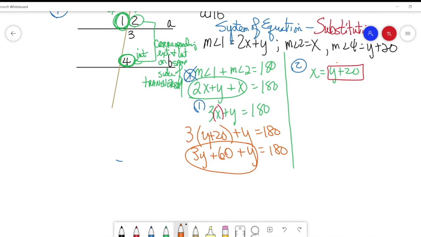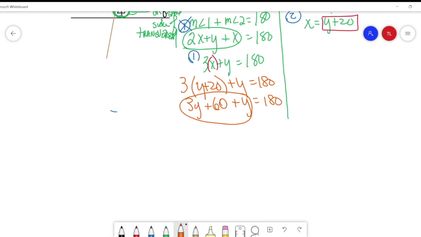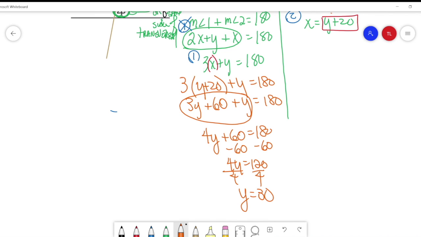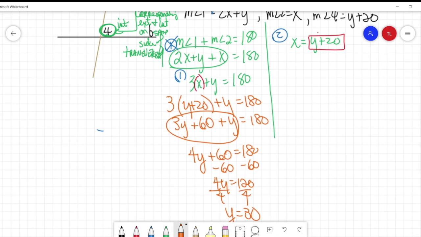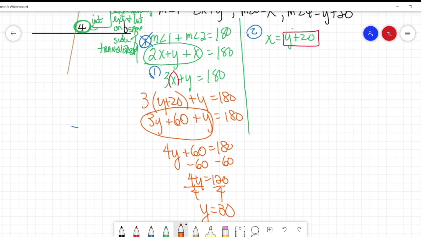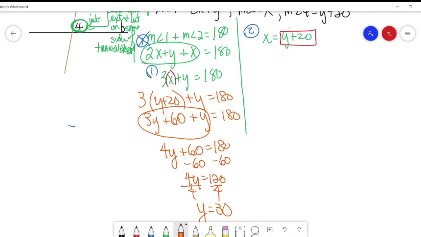I want you to tell me how many I have. So I've got 3 y's and 1 y. That means 4y plus 60. Now subtract 60. 4y is equal to 120. Divided by 4, y is what? 30. Now let's backtrack and find out what x is if y is 30.